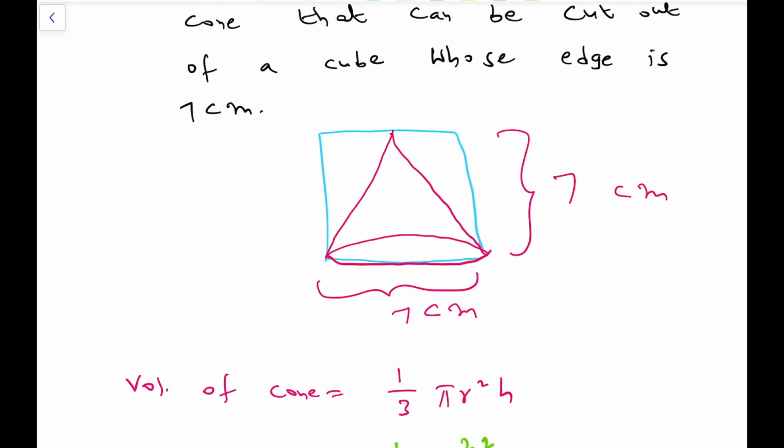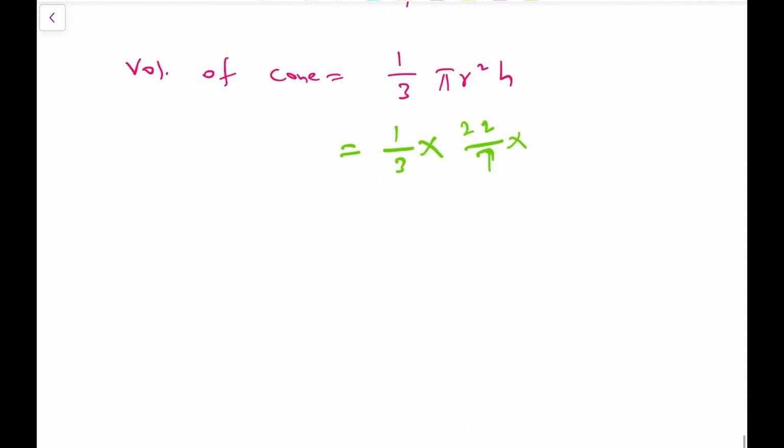Here, this is the cube edge, right? So the same will be the height of the cone. This total is the diameter of the cone, or else the edge of the cube, right? So this half will become the radius, that is 7/2. So radius half will be 7/2, squared, into height is 7.